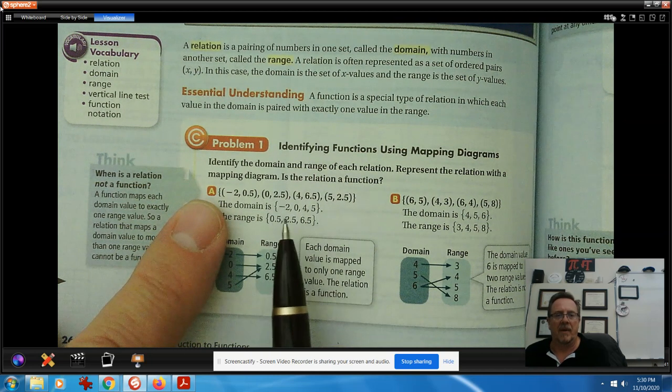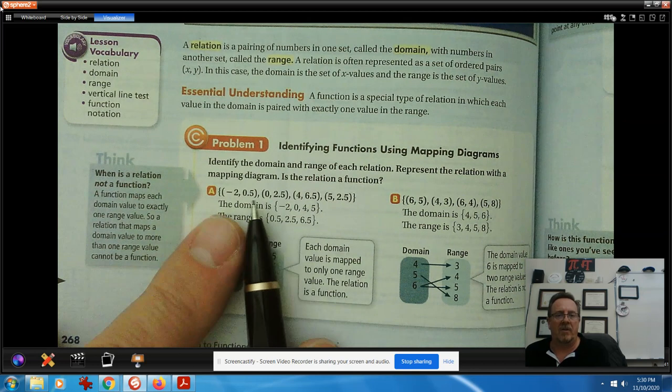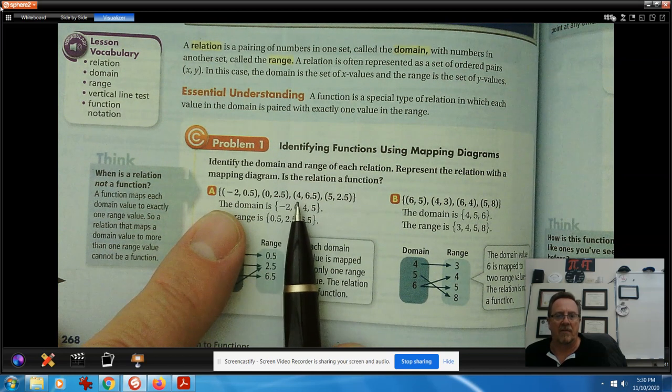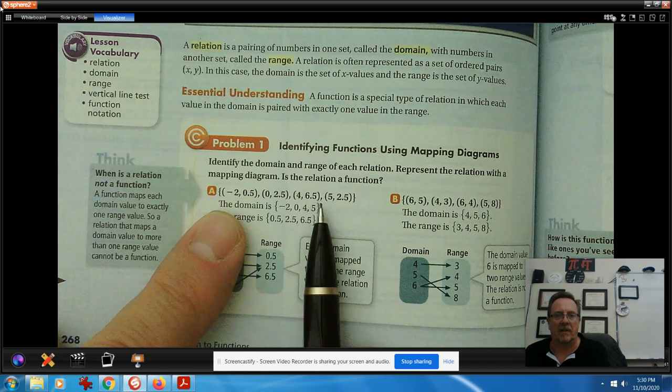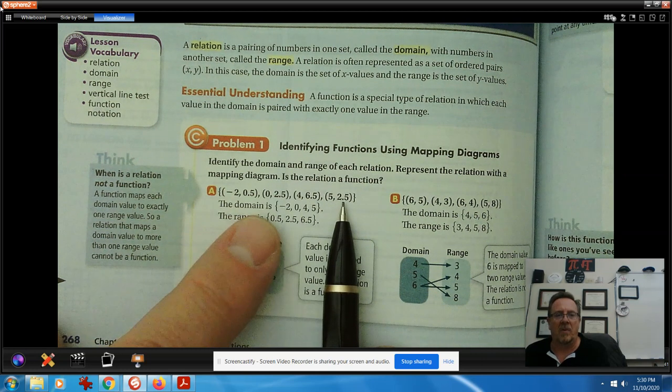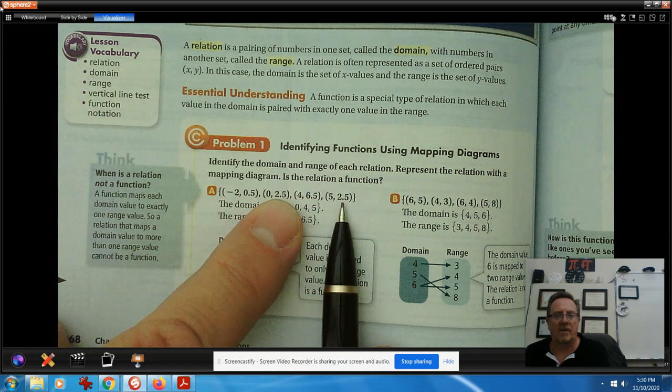The domain. And then the range are going to be the y values, or the output values in each ordered pair. So the first number in the range is 0.5, the second number is 2.5, the next number 6.5, and the last number 2.5. Now notice that since 2.5 occurred twice, I don't have to list it twice.